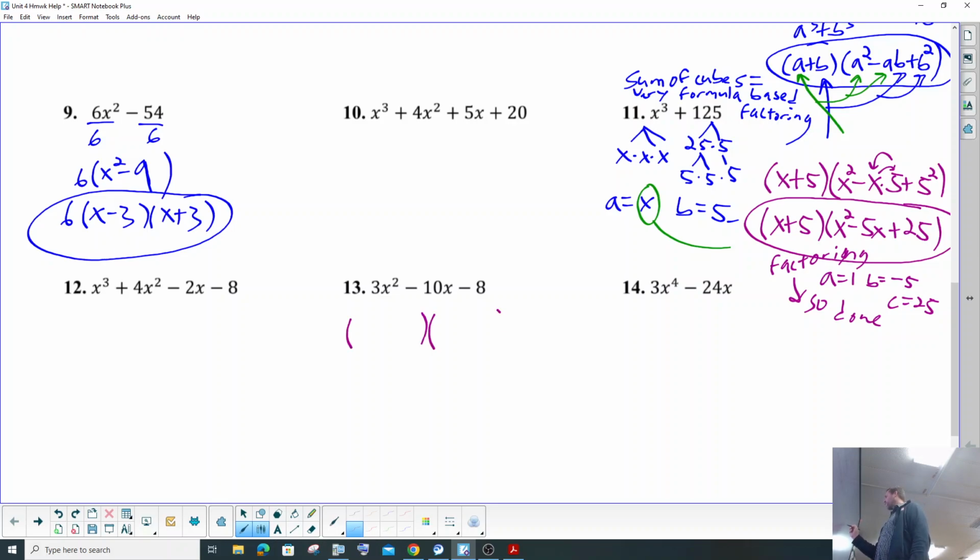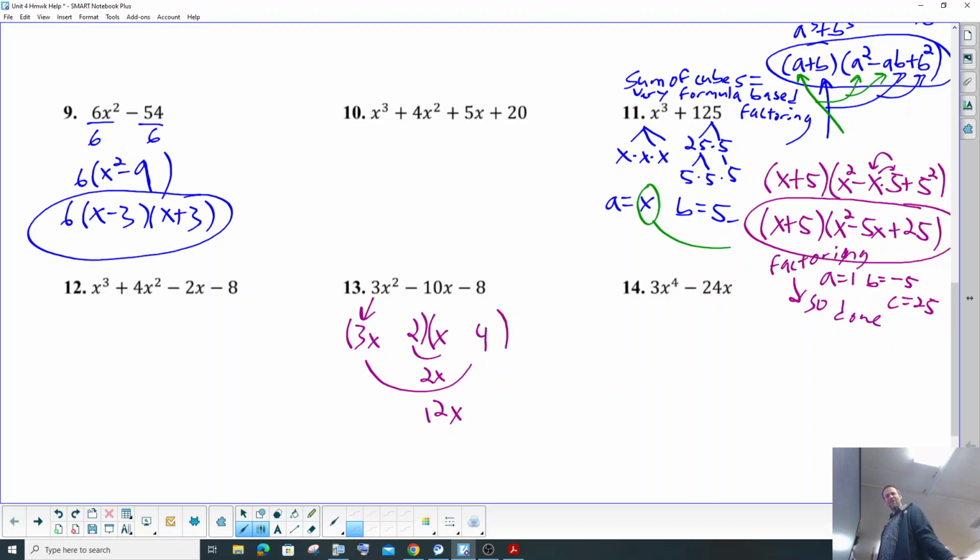So I'm thinking, what are factors of 3 and x squared? That's a 3x and an x. Good. So then what are factors of 8? Maybe 2 times 4? So if we put a 2 here and a 4 here, let's see, what do we get? We get 3 times 4 is a 12x. And then 2 times x is 2x.